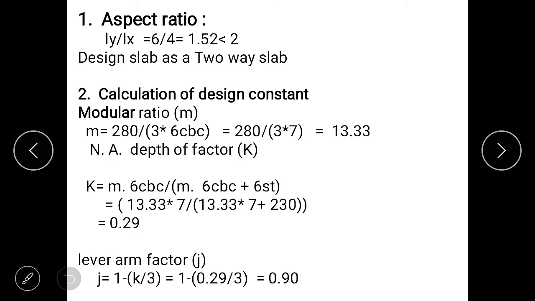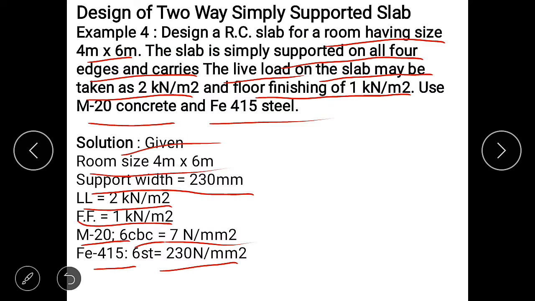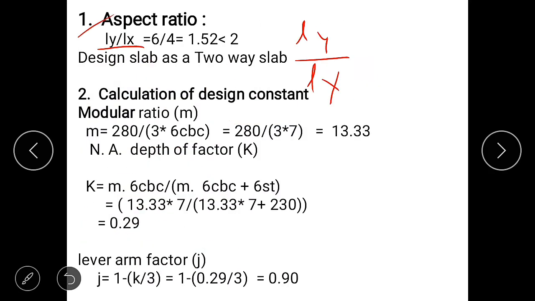Now first step, aspect ratio. We have to check whether our slab is one way or two way. How do we check? Ly by Lx ratio, where we take the greater span first as Ly. So here 6 is greater, and the smaller span is 4, so longer span to shorter span.